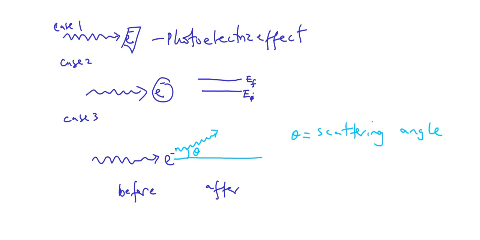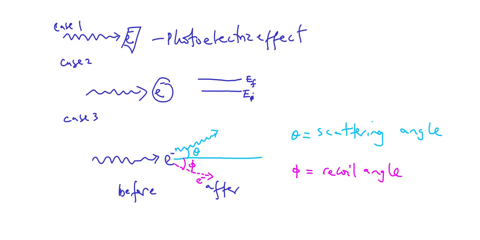Then the electron also gets recoiled. The electron moves in maybe this direction, and this angle phi we call the recoil angle. So the electron is not knocked out by the photon energy, and the photon is not absorbed by the electron.